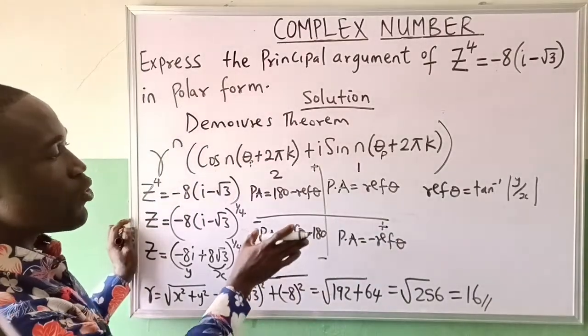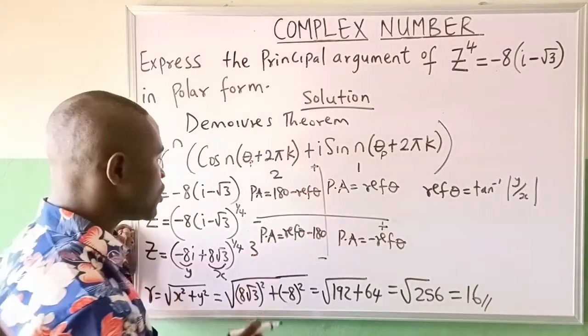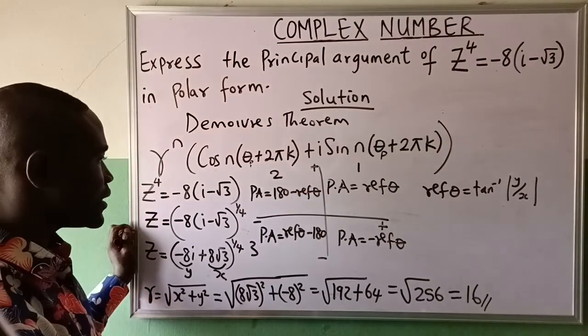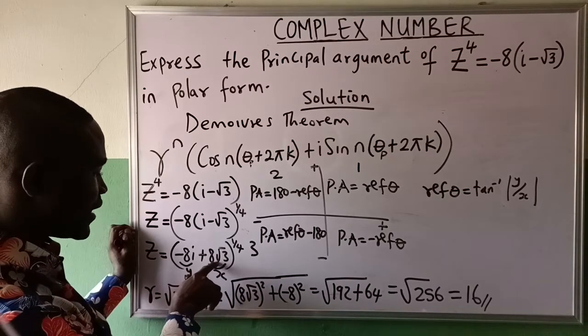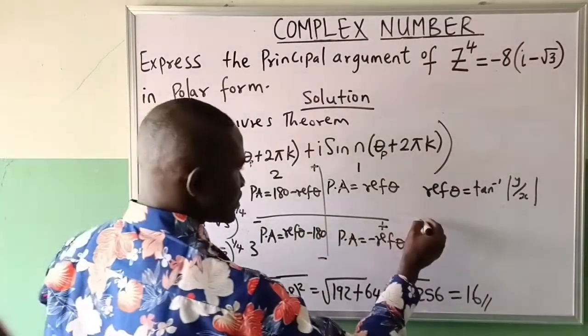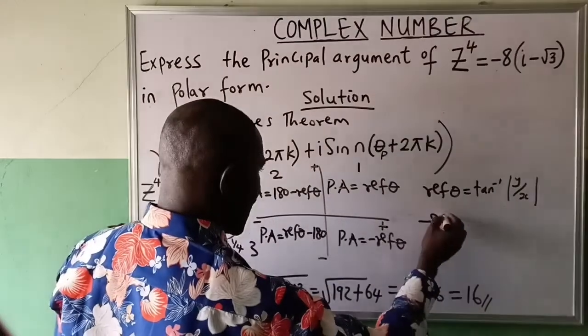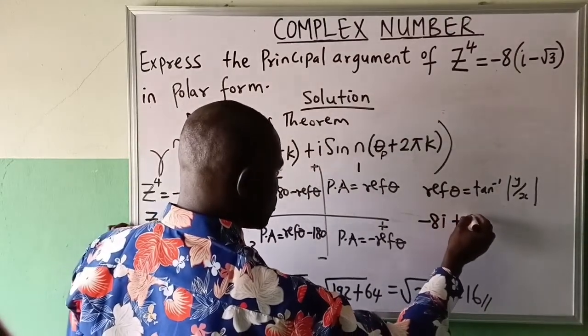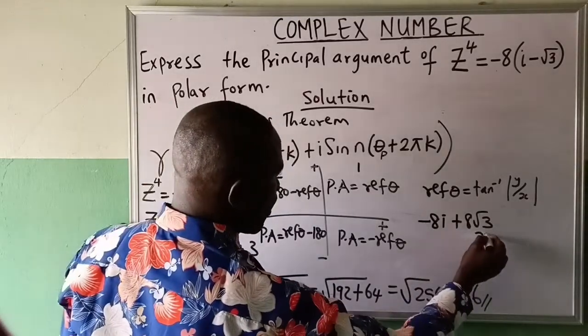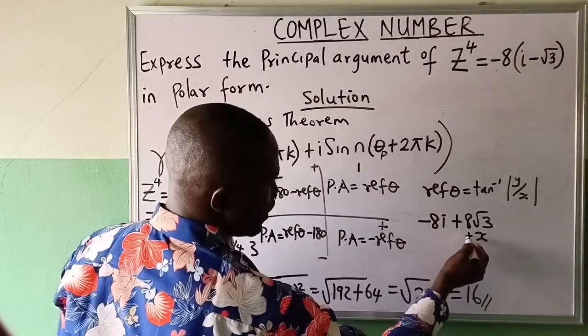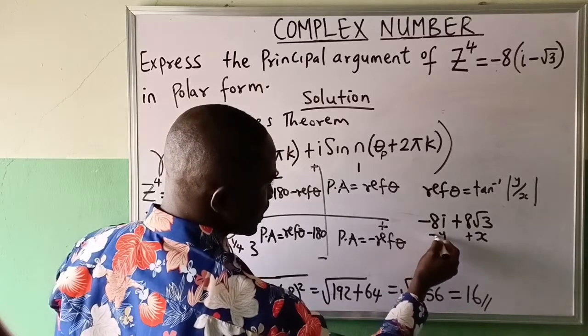Now, with this simple information, what we do is bring out what is written inside, and that is minus 8i plus 8 root 3. We call this our x, it is positive, and we call this our y, it's negative.